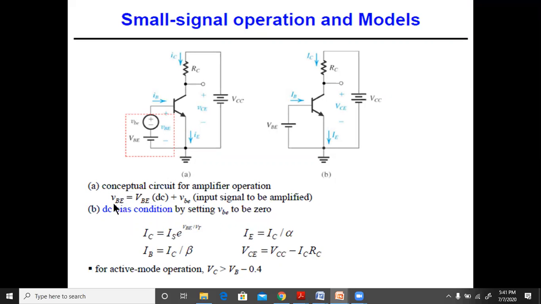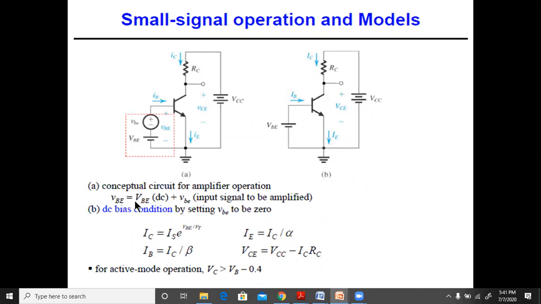So this is the instantaneous value, this is the DC value, this is the AC value, which is the input signal. Okay, whenever we use small v and capital BE, the suffix is capital but otherwise the symbol is small, then it is the instantaneous value, which is the sum of both the DC and the AC.